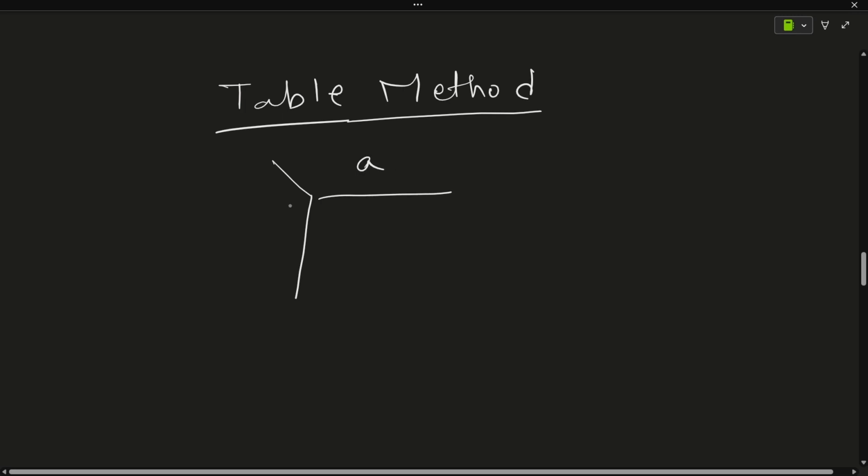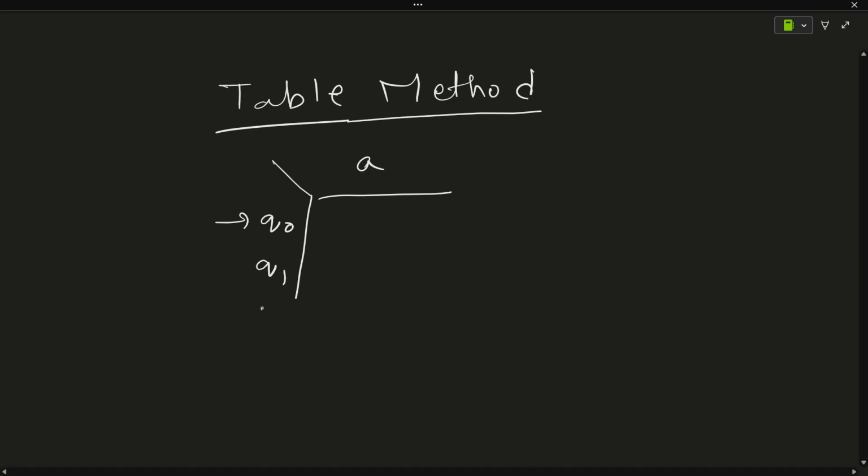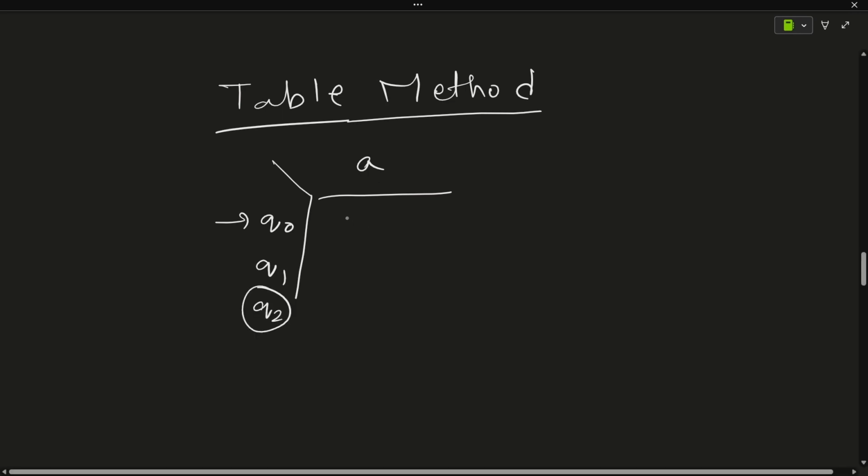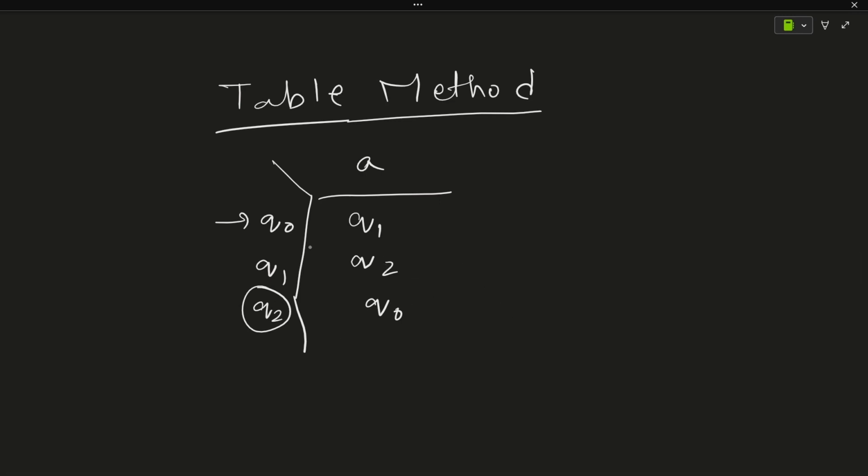A, Q naught, Q1, Q1, Q2, Q naught. Every cell has exactly one entry.